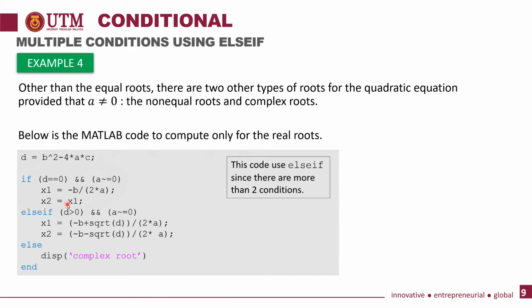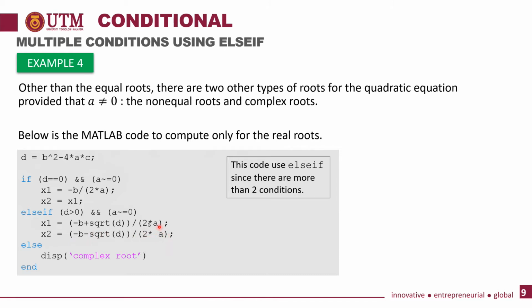Else if d is greater than 0 and at the same time a is not equals to 0, x1 equals negative b plus square root d divided by 2a, and x2 will become negative b minus square root d divided by 2a.